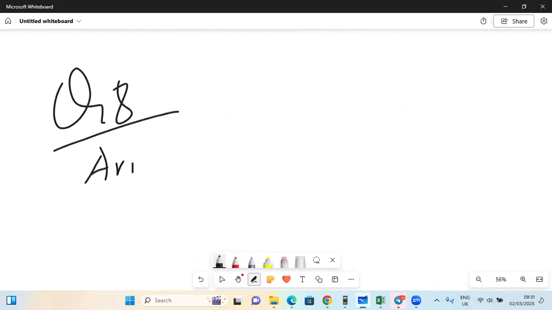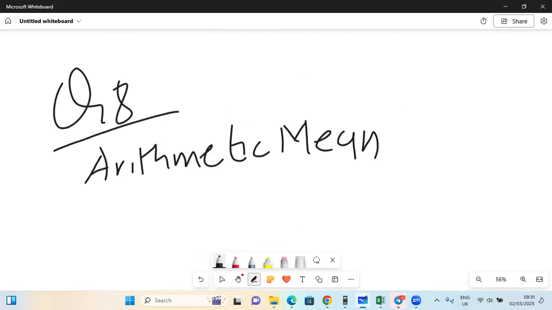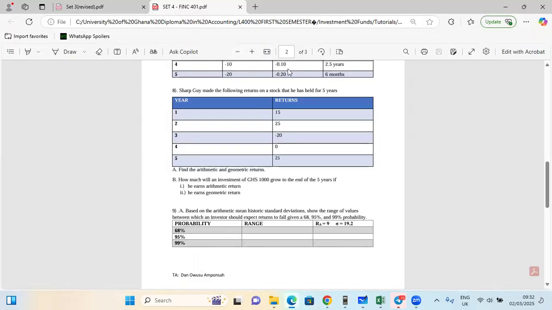Arithmetic mean is equal to the sum of the returns divided by the number of years. So it is so simple. The returns are 15, 25, negative 20, 0, and then 25.